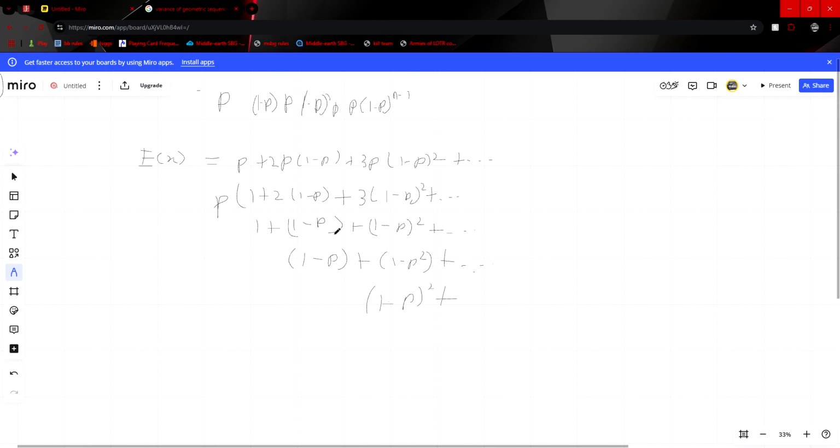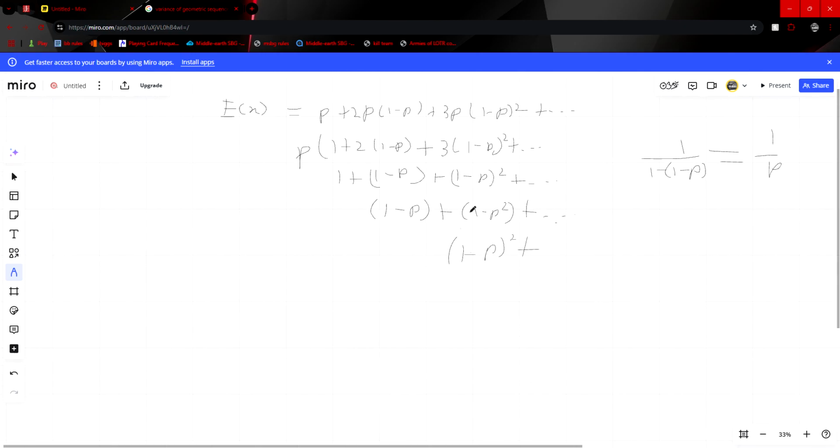But you get these infinite series, and obviously this one, if you know the sum of an infinite geometric series, it's just 1 over 1 minus (1 minus p), because that is the ratio we're multiplying by each time, and so the sum of that is equal to 1 over p. Then the next one is 1 minus p times that, and the next one is 1 minus p squared times that, and so on.